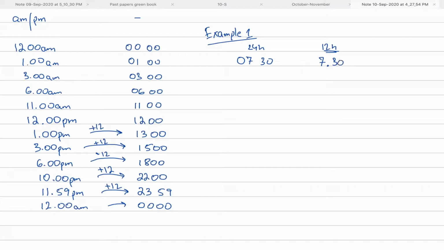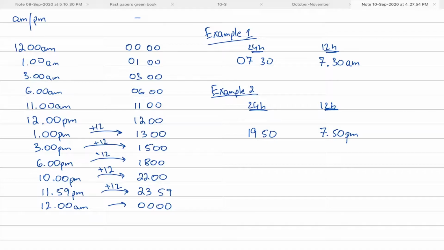Minutes, of course, will be the same irrespective, but the unit is going to be AM. And if, let's say, you're asked to convert 1950 from 24 hours to 12 hours, you can do that by simply subtracting 12 from 1950, and that's going to give you 7, so you're going to have 7:50, but this time the unit is going to be PM.